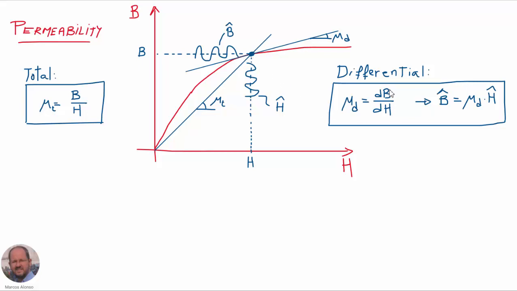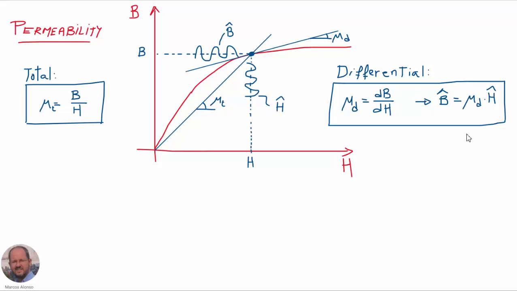The differential permeability is defined as the derivative of the magnetic flux density with respect to the magnetic field intensity. So if we make a perturbation in the magnetic field intensity, then we are going to obtain a given perturbation of the magnetic flux density, and these two quantities are related, as shown in this expression, by the differential permeability of the material.